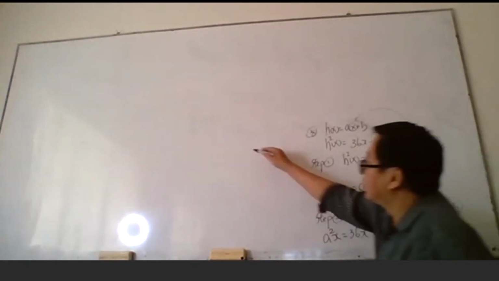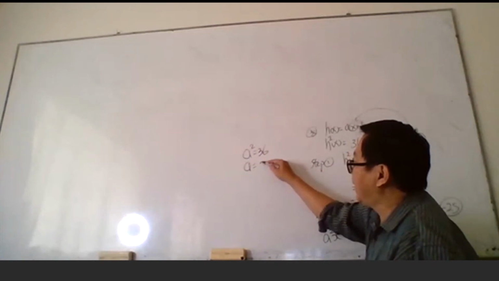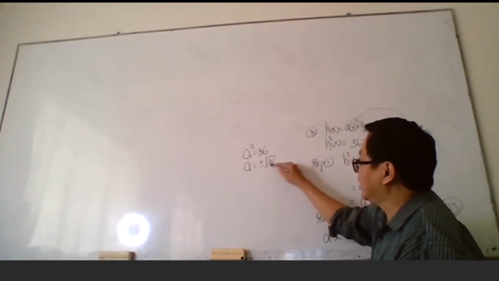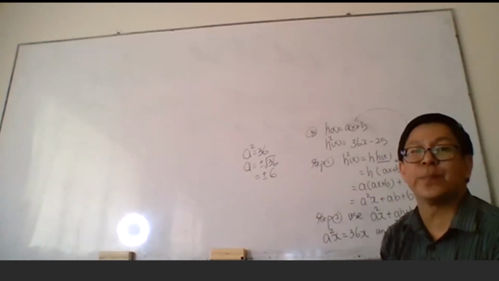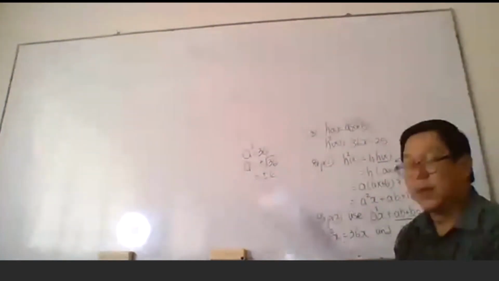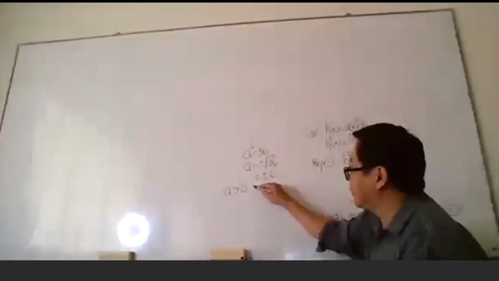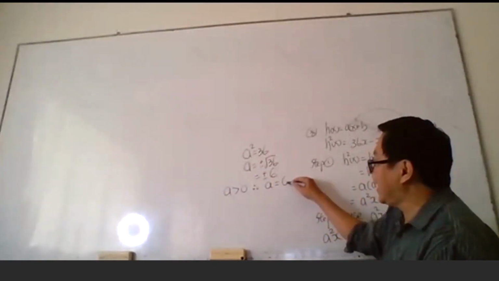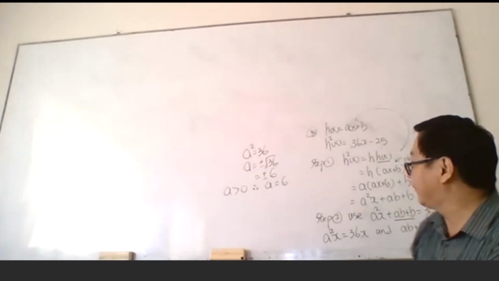Over here, a squared equals 36. Usually a will be plus minus the square root of 36. In fact, we've got two values, one positive, one negative. But the question says a is more than 0, so I just need to accept the positive rather than the negative.